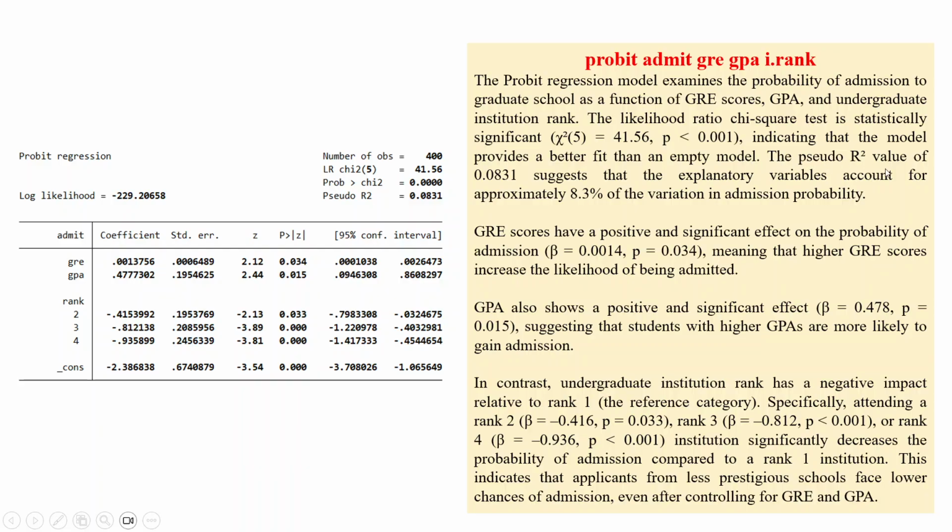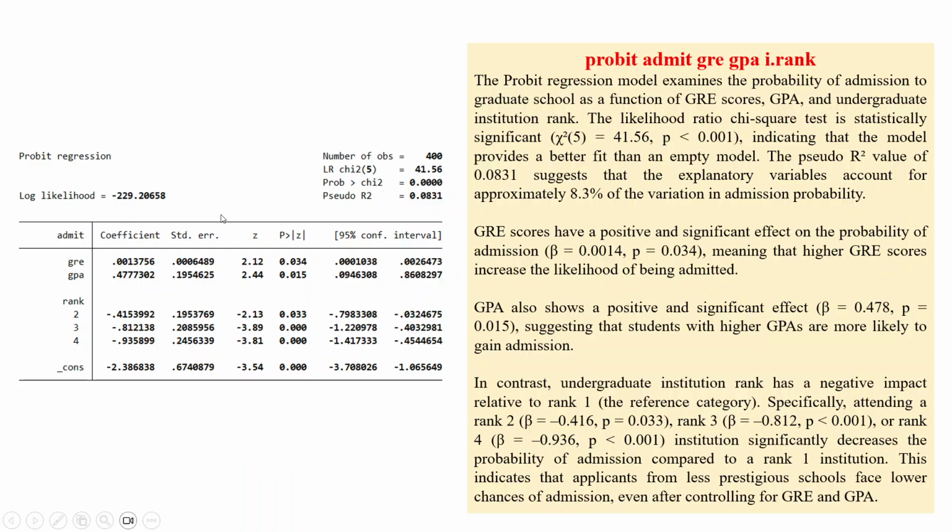The pseudo r-square value of 0.0831 suggests that the explanatory variables account for approximately 8.3% of the variation in admission probability. This is a pseudo r-square; it is not equal to the r-square used in linear regression analysis.